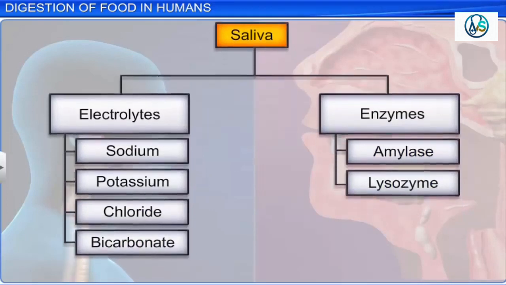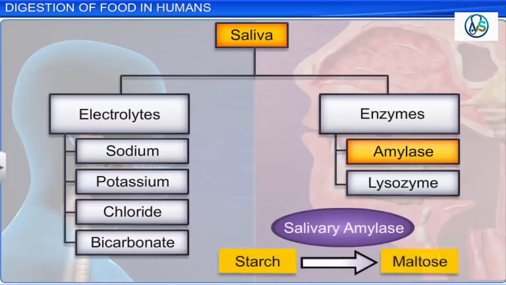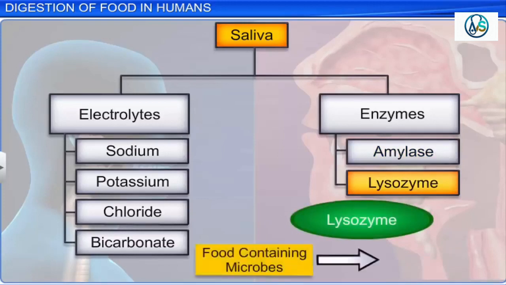For instance, the salivary amylase, a carbohydrate-splitting enzyme, initiates the process of digestion in the oral cavity by hydrolyzing nearly 30% of food starch into a disaccharide or simple sugar called maltose. Whereas lysozyme acts as an antibacterial agent and kills microbes present in food substances, thereby preventing infections.